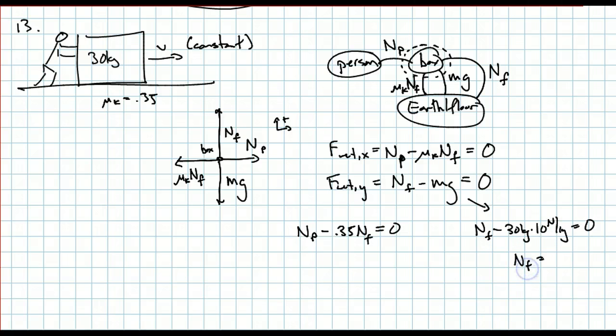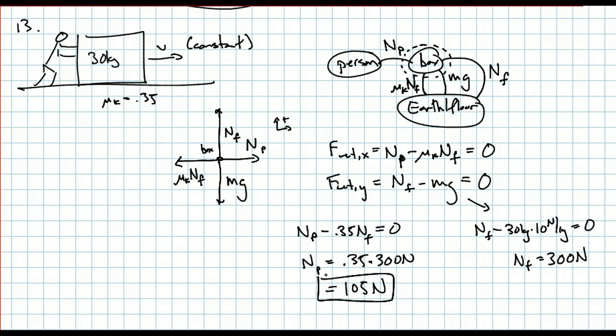So the normal force exerted by the floor is 300 newtons. We can put that back in over here. Move that over. 0.35 times 300 newtons, which will be 105 newtons. So that's how hard you need to push this box across the floor at constant speed.